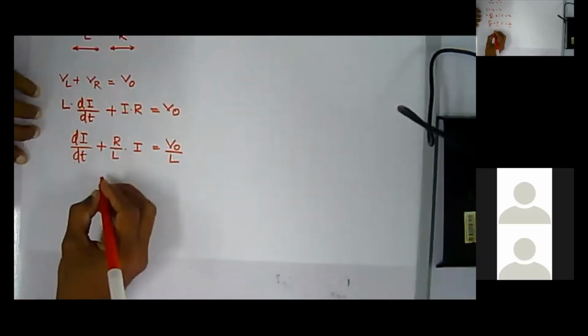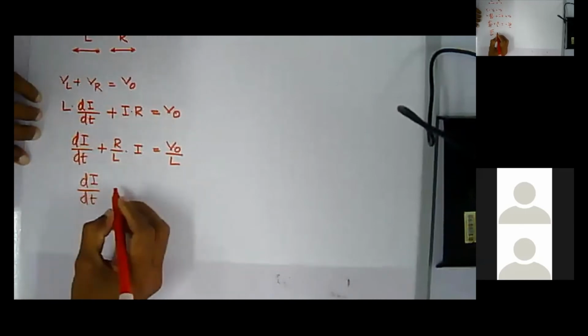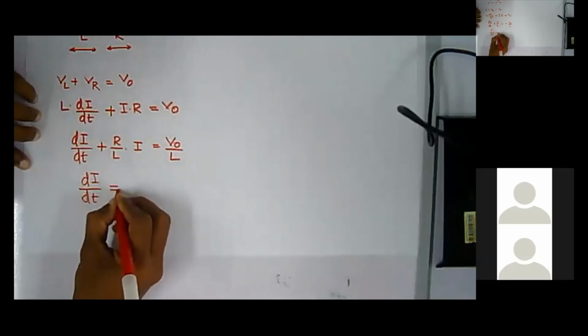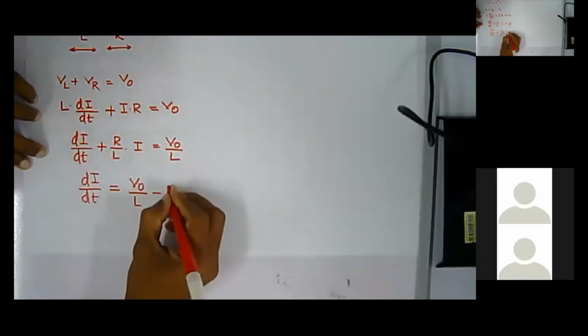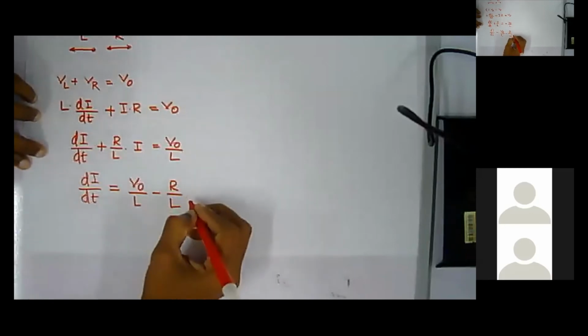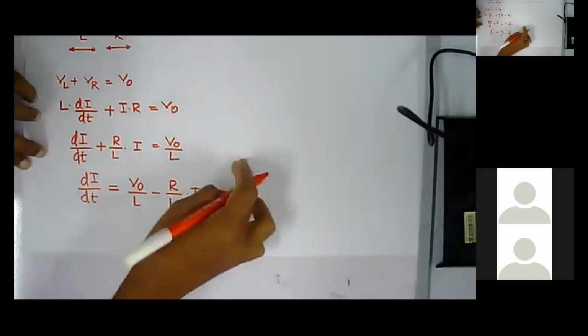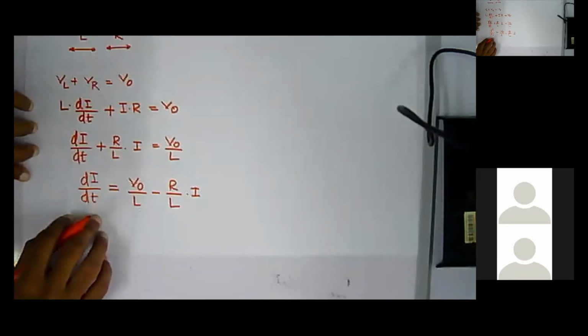We can bring this to the other side, so di by dt equals V0 over L minus R over L into I.